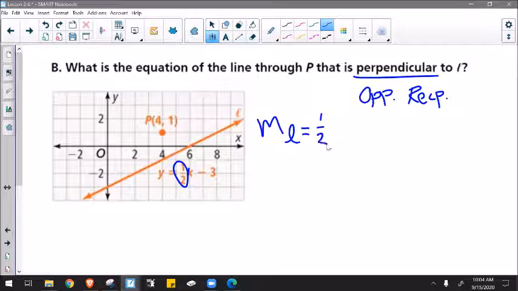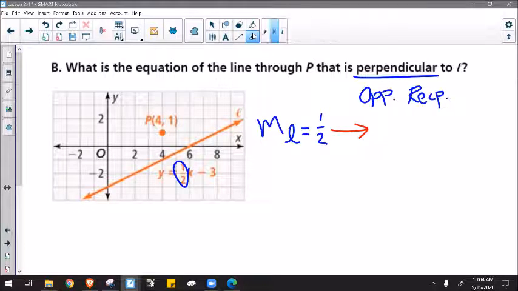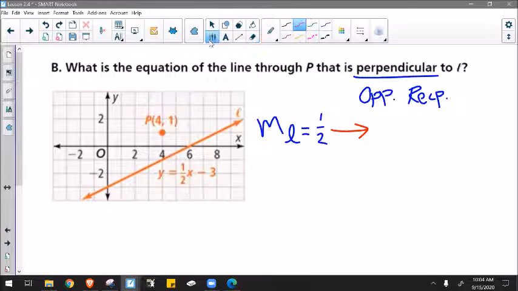So if we get the opposite reciprocal, what is the opposite reciprocal of positive 1/2? Anyone want to take a stab at it? -2. Yeah, exactly. -2. Or if you want to, you could say -2/1. So the perpendicular slope, right, capital upside down T, you could say -2/1. You don't need that over 1 if you don't want to, but I like putting it in there.